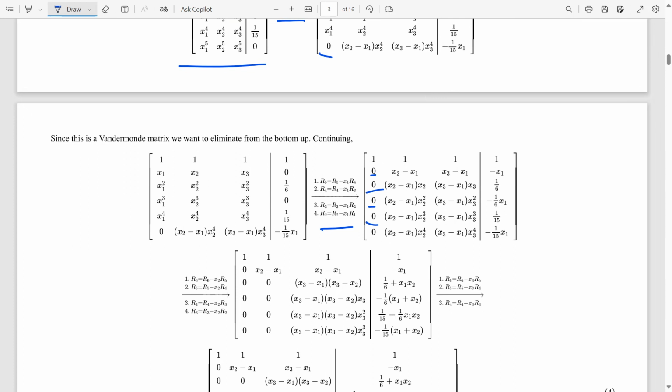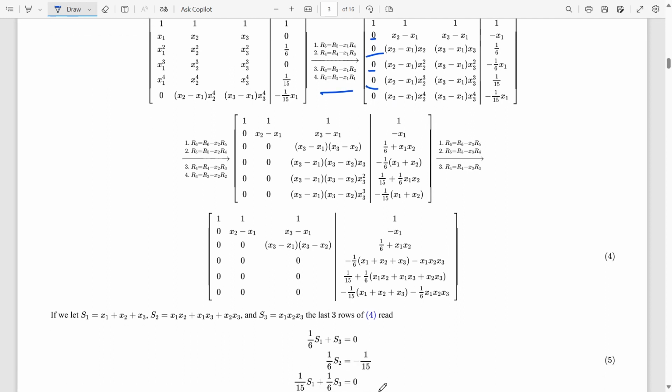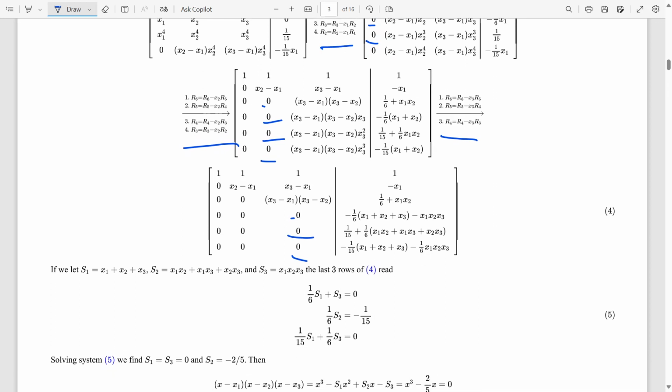The same procedure with x2 instead of x1 creates 4 more zeros in the second column. And then make 3 zeros in the third column. The fourth row now says that 0w1 plus 0w2 plus 0w3 equals 0 equals this stuff.